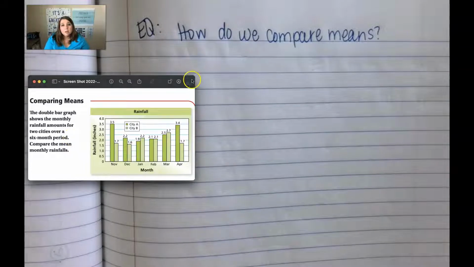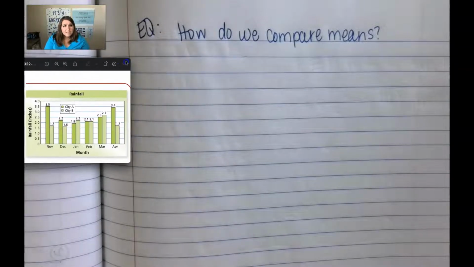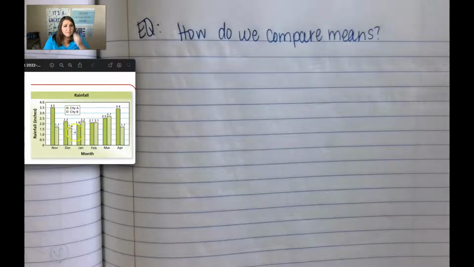So in this double bar graph, we can see that we have city A and city B, and we can see how much rain in inches fell for city A in November through April, and then how much rainfall fell in city B from November to April.